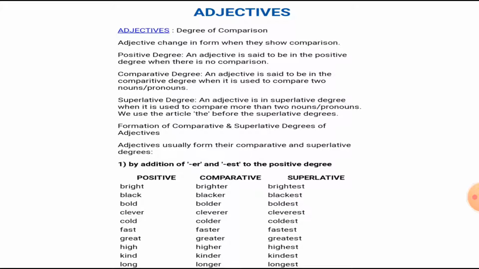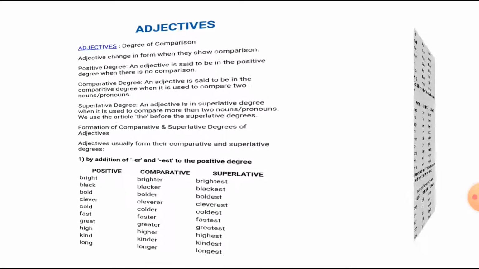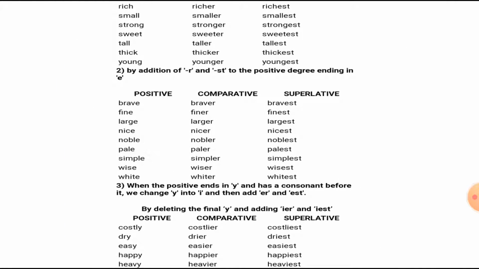Here you can see there is a rule that we can add er and est to make the comparative and superlative degrees of adjective from the positive one respectively. Rich, richer, richest.